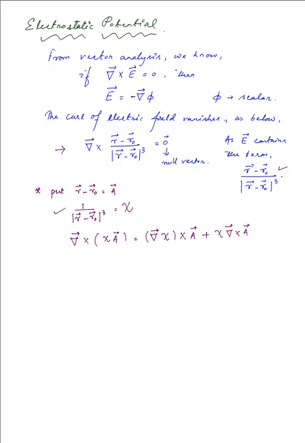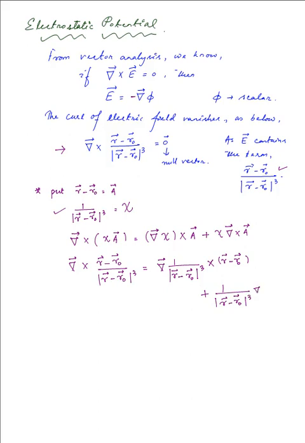So if we write this in that form, the curl of r minus r naught divided by the modulus of r minus r naught cubed is equal to the gradient of 1 over the modulus of r minus r naught cubed, cross product with the vector r minus r naught, plus the second term, 1 over the modulus of r minus r naught cubed times the curl of the vector r minus r naught.